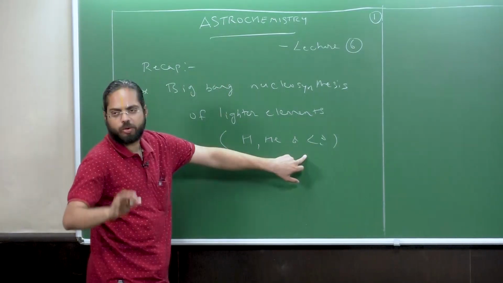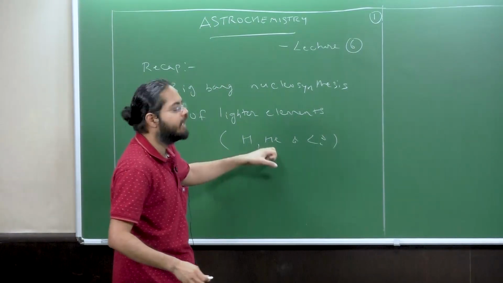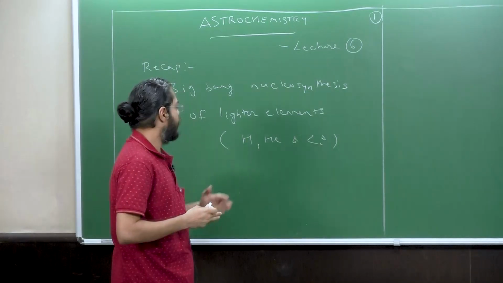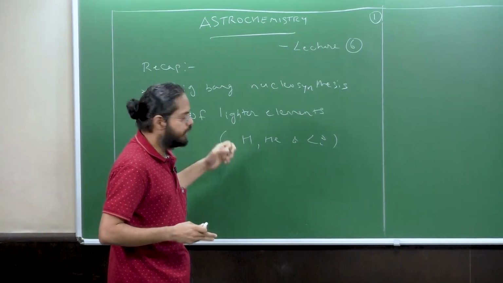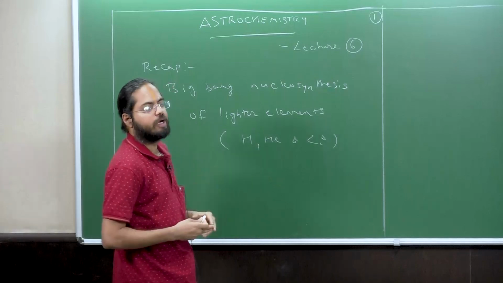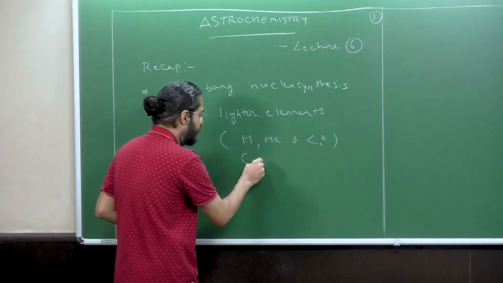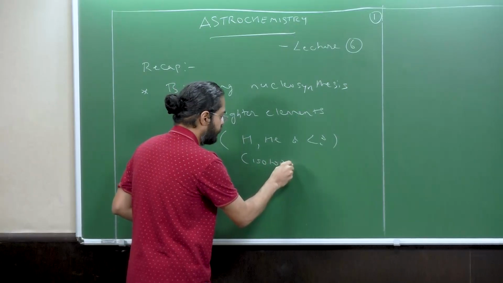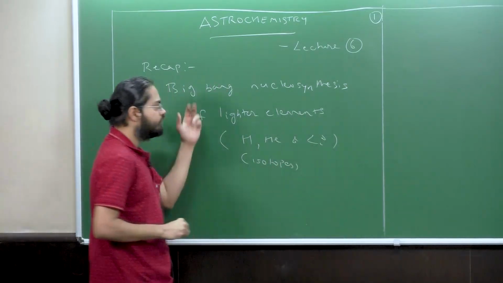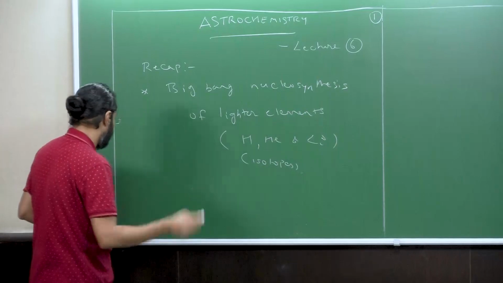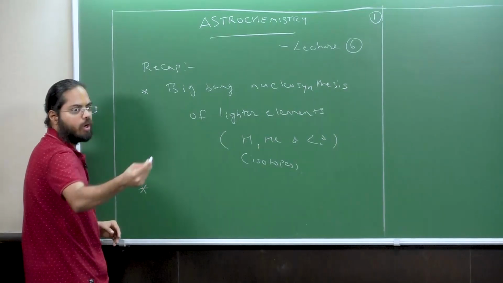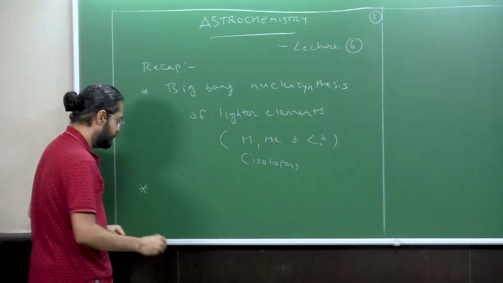Although, for lithium, I did not give you the equations, but for hydrogen and helium, we discussed how the various isotopes could be formed, starting from T equals 0 itself, and including the isotopes. So we have looked into this, and followed by that, we discussed what an interstellar cloud was.